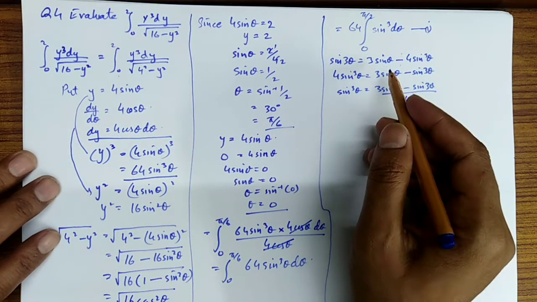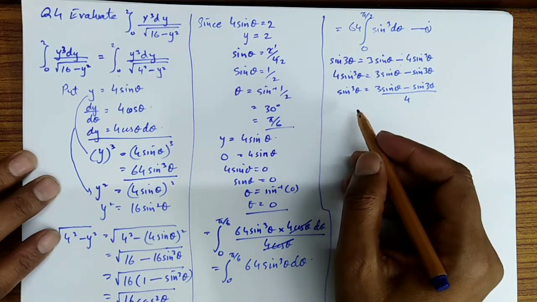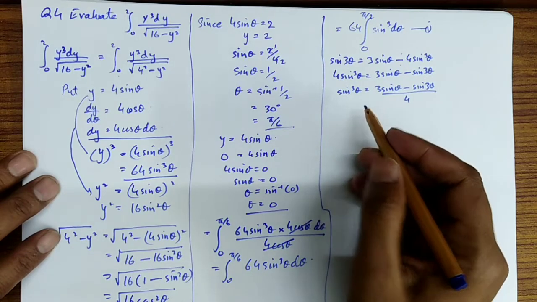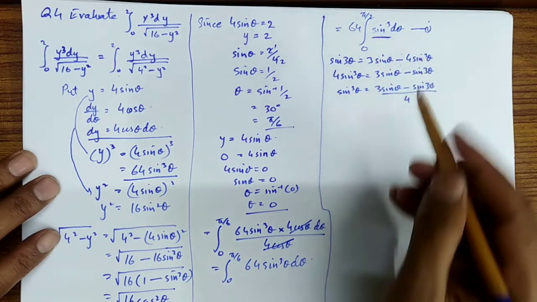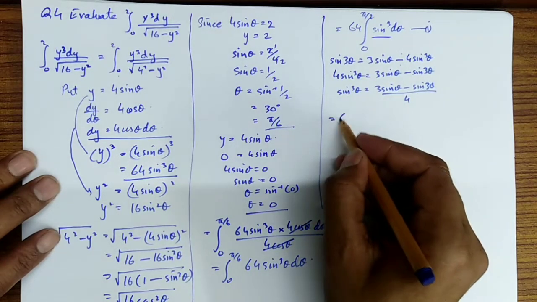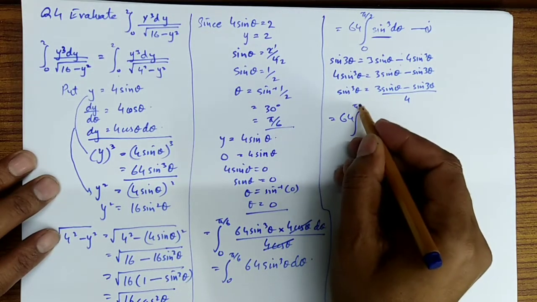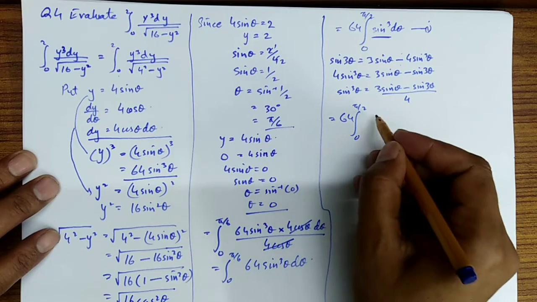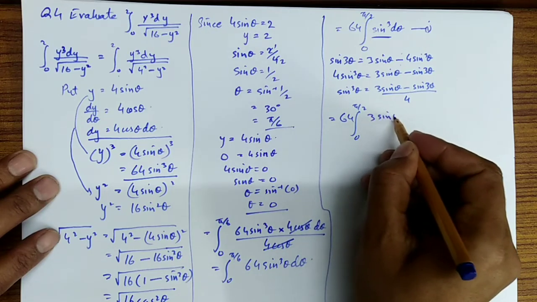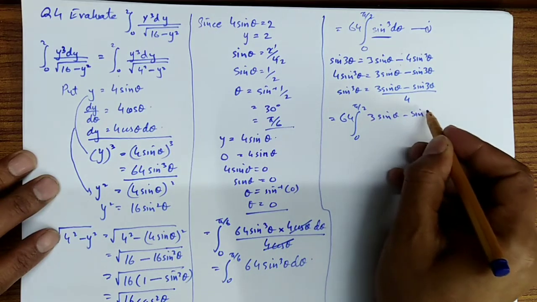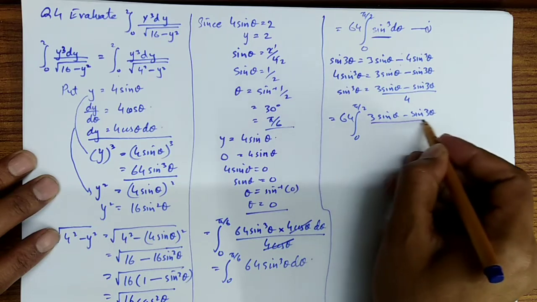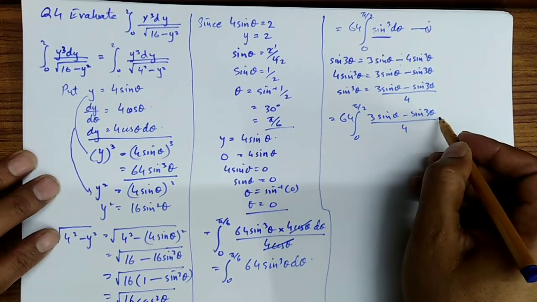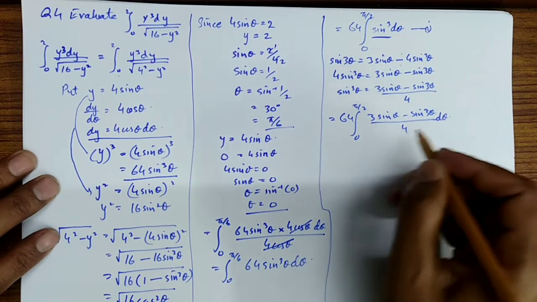Right. So now by taking this value in place of sine cube, this will be 64 times the integral from 0 to pi upon 2 of (3 sine theta minus sine 3 theta) upon 4 d theta.